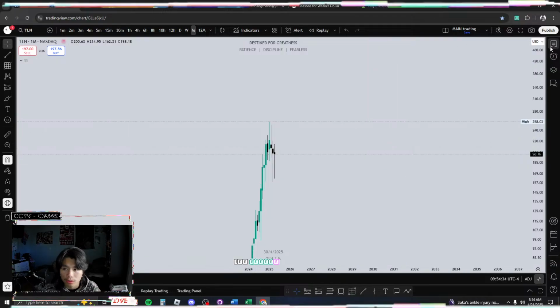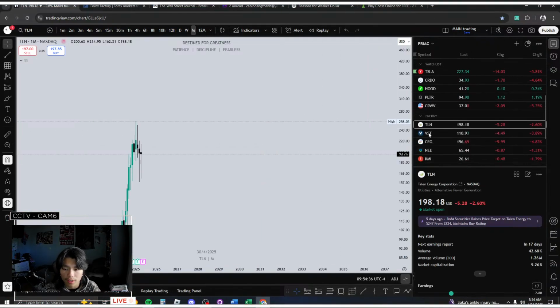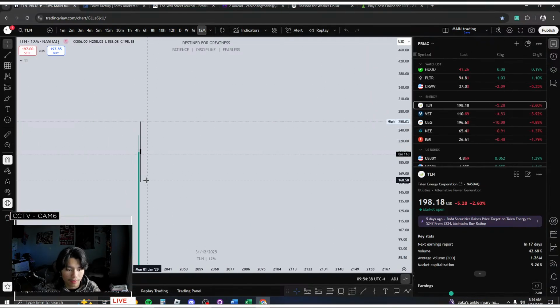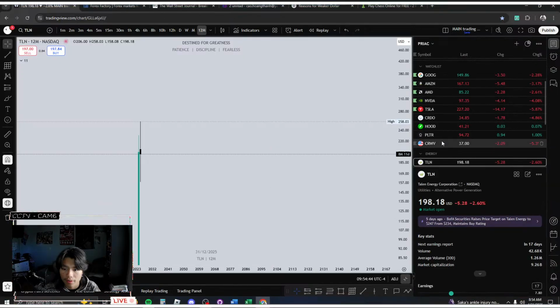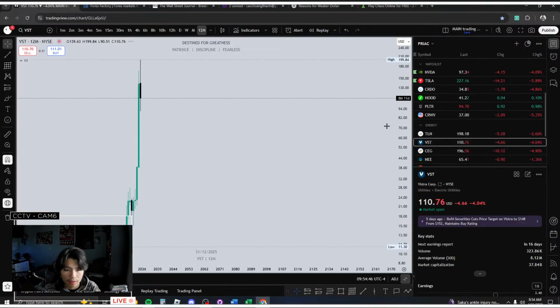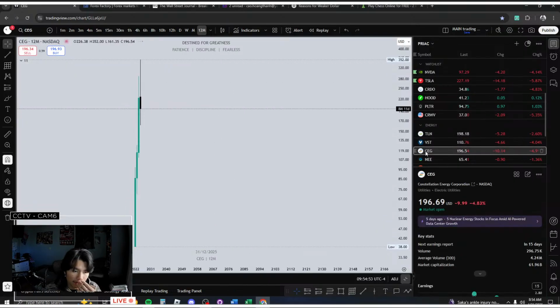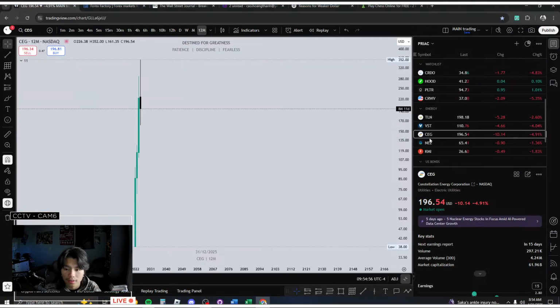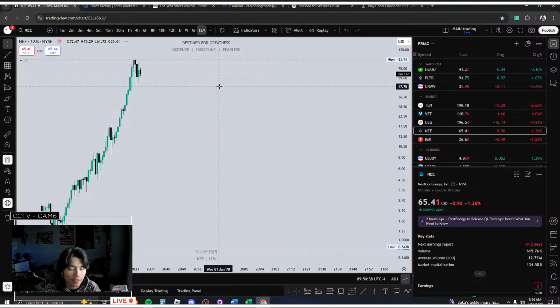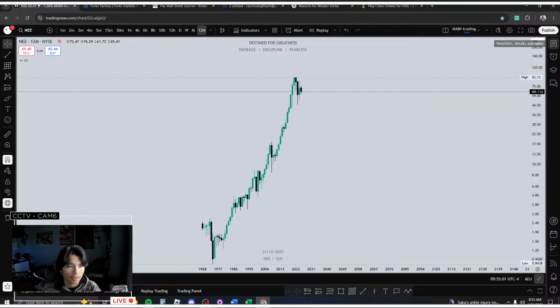I like where we are on energy actually, because if I can get tagged into this fair value gap here later, I would like to see us drop into there, to be honest. Same thing here on Vistra as well. That would require it to go all the way down into there. NEE. Interesting.